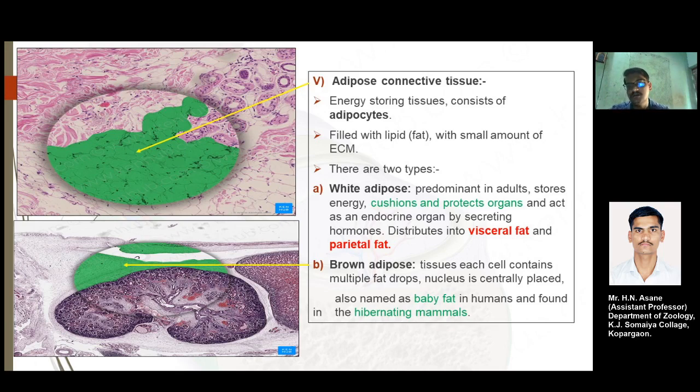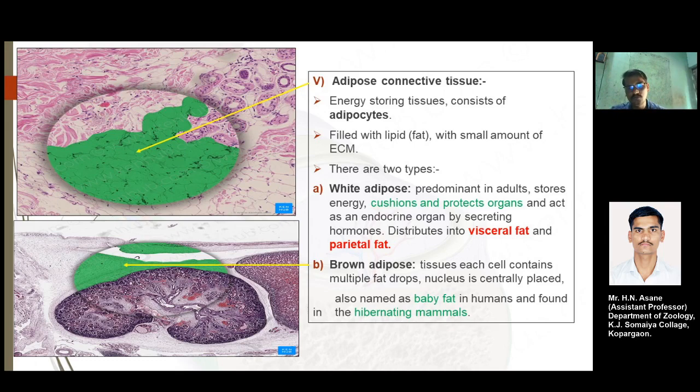After birth, a healthy child has a fat hump between the two shoulders on the back side. This fat layer is of brown adipose tissue.